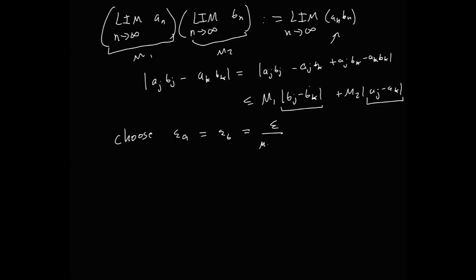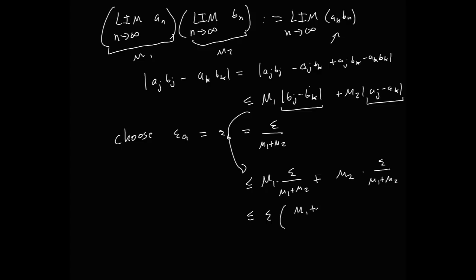Why? Well, now I carry this over. m1 times epsilon over m1 plus m2, plus m2 times epsilon over m1 plus m2. And what do we have? This is equal to epsilon times m1 plus m2 over m1 plus m2, which is less than or equal to epsilon. And we're done.